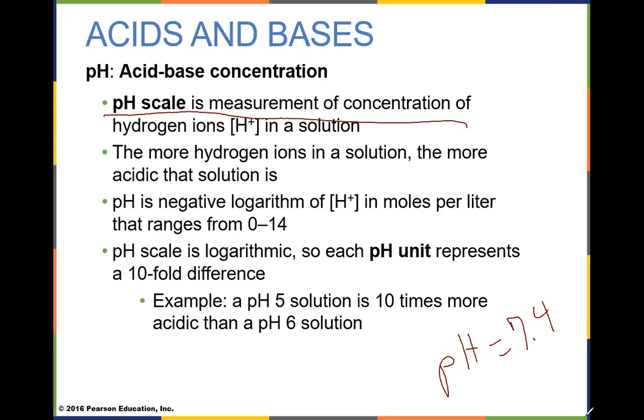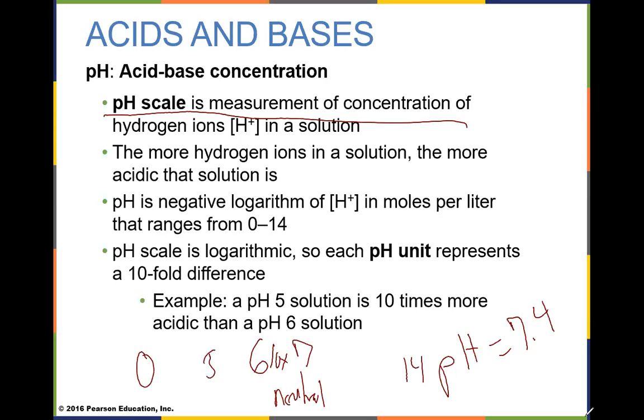It means that if you have your scale from 0 to 14, 7 is neutral, and a solution that has a pH of 6 is 10 times more acidic than a pH of 7.